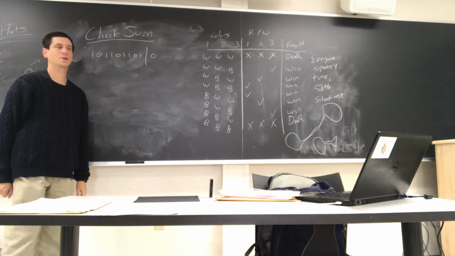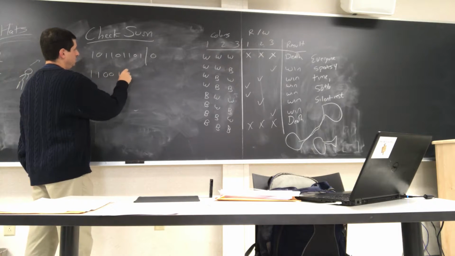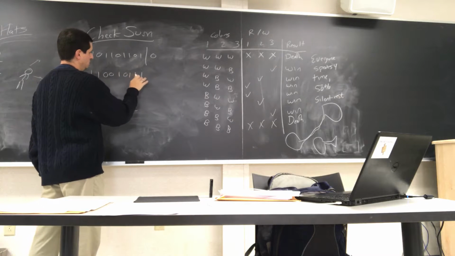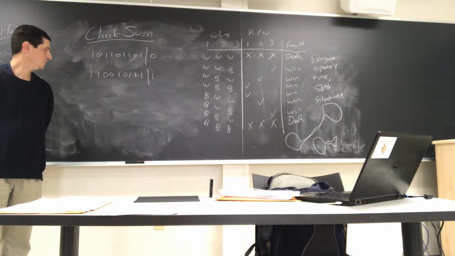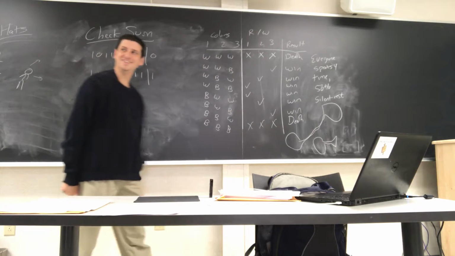What if I give you 1, 1, 0, 0, 1, 0, 1, 1, 1, 1. What do you know now? So it's wrong. Do you know where the error is?